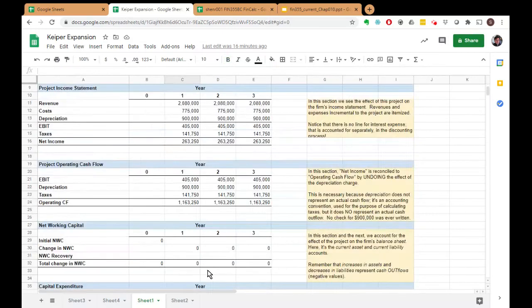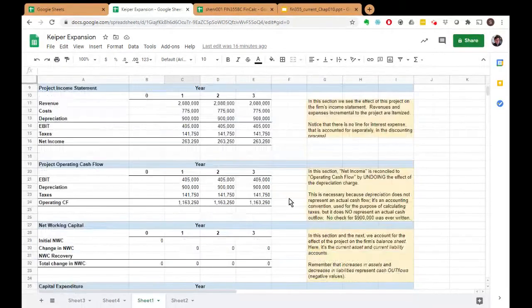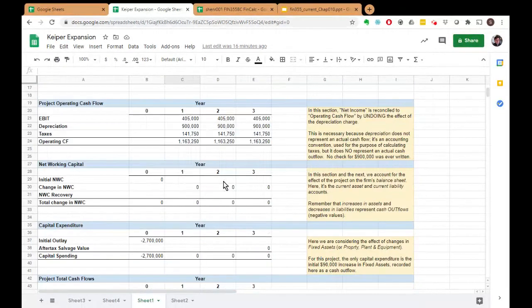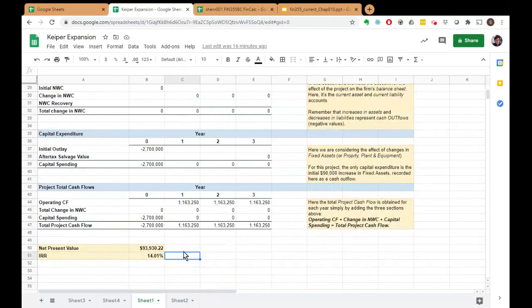This is something we'll be seeing next week after the Thanksgiving break. You'll be seeing a project where you're asked to read a story, fill in the blanks here, figure out the net income from the project, the operating cash flows related to working capital, capital expenditures, and so forth, and ultimately make a decision. That's something we'll do next week.